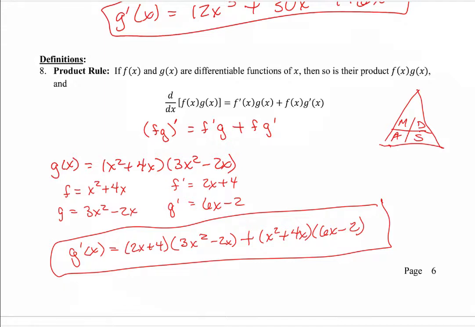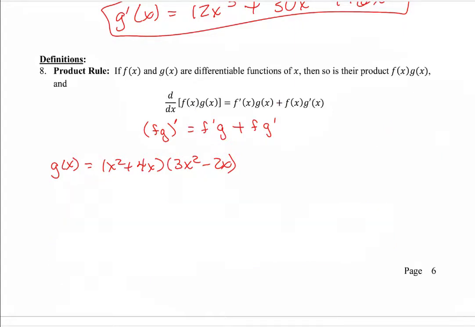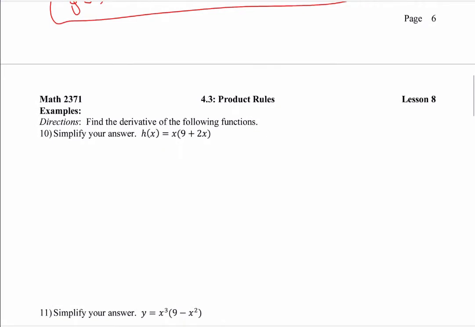Well, if I'm doing the product, which is multiplication, then it's over addition. So if I have a product and I'm multiplying, then I add. So product means add. Quotient or division means subtract. Okay? So now let's get on to some of these.